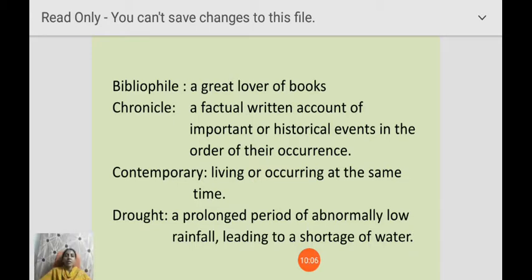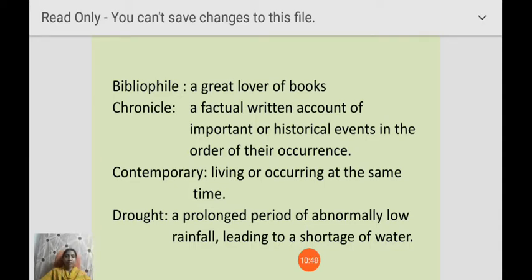Now next is drought. A prolonged period of abnormally low rainfall leading to shortage of water. So if there is no rainfall for a long period, there will arise a shortage of water. That is called drought. There is another word in English that is called famine.